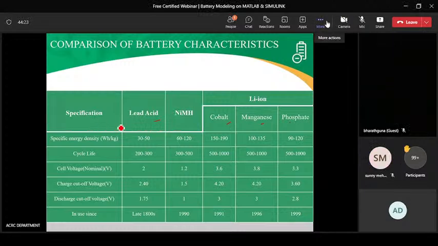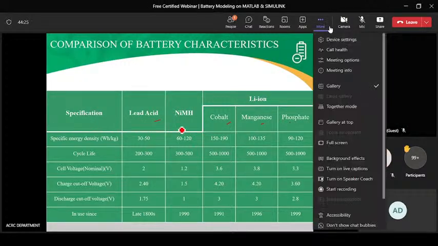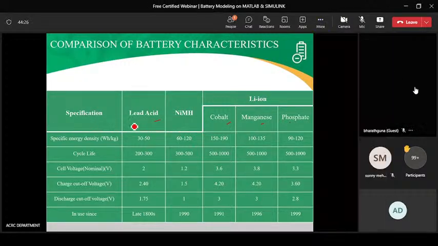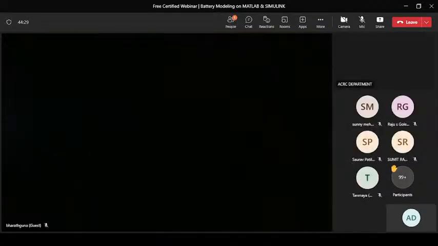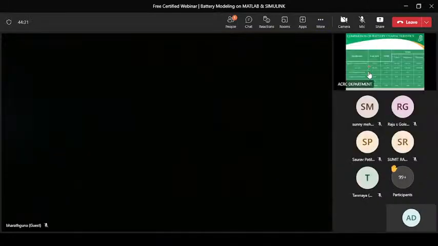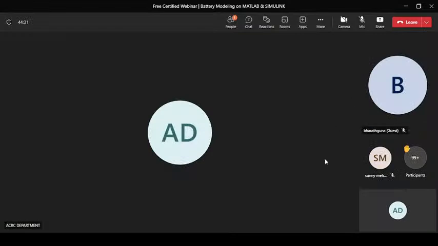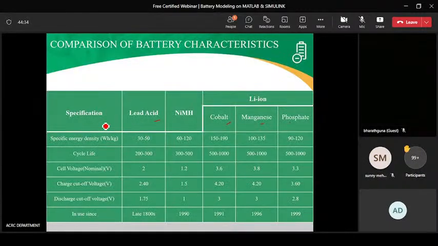So, the different specifications of the battery. This one is the lead acid battery, and nickel metal, and the lithium of different nomenclatures. First I was talking about the energy density. Energy density means the energy stored per unit kg, like how much energy is stored in 1 kg.